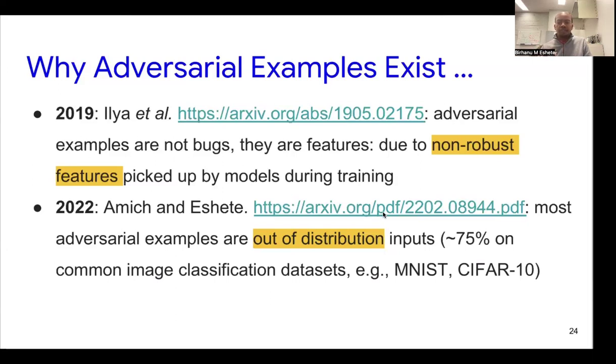So our standing theory, at least in our lab, is that adversarial examples are maybe a common manifestation of the broader out of distribution generalization problem we have with many machine learning models today.